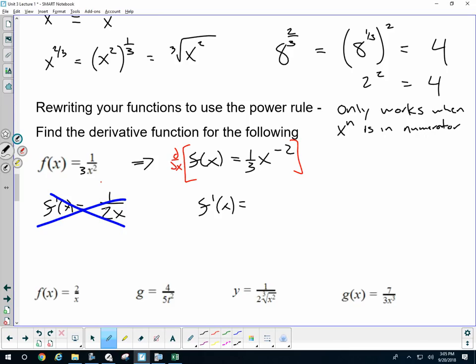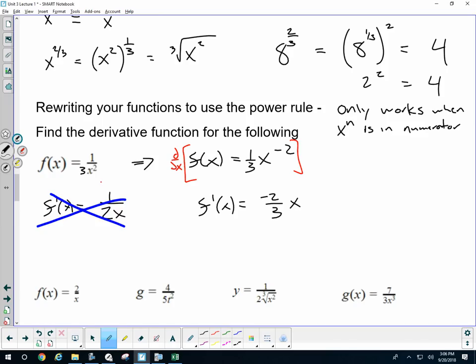negative 2/3 x. Now here's where a lot of people make mistakes with the power rule. You're used to x squared going to 2x to the first. We're used to x cubed going to 3x squared. A lot of people say x to the negative second will go to negative 2x to the negative first.